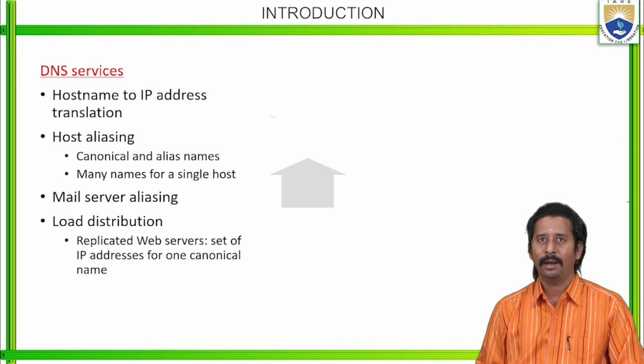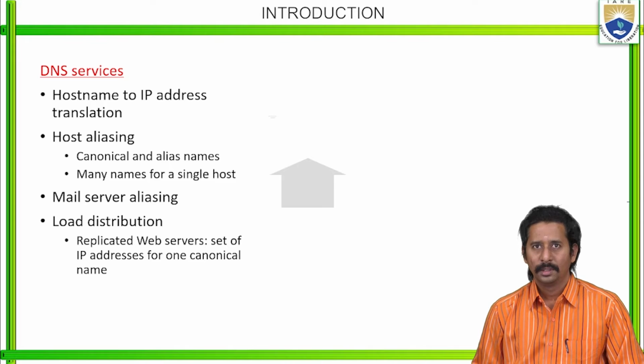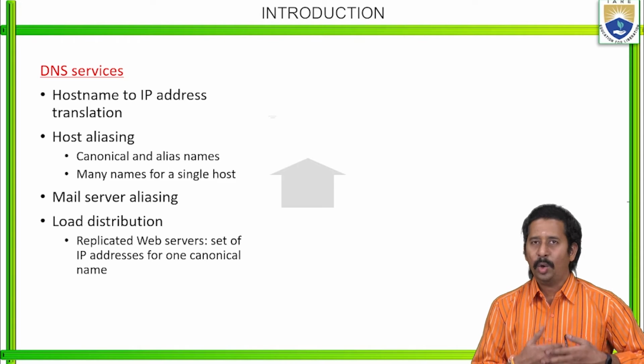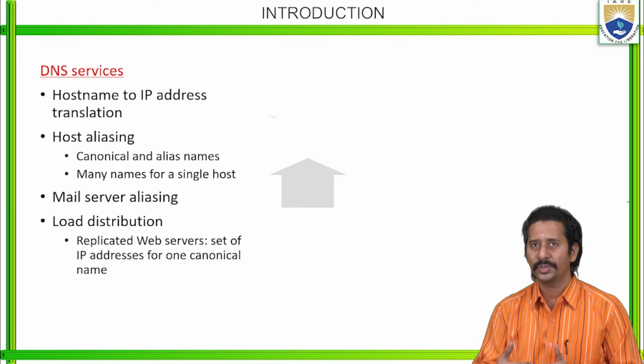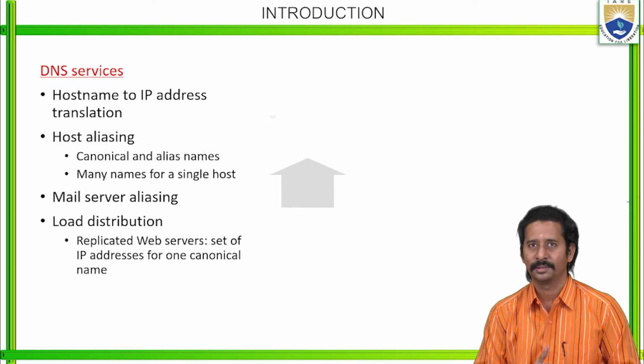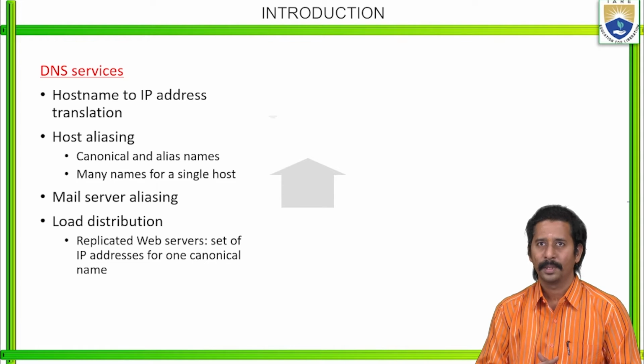Then coming to the DNS services. Hostname to IP address translation is the basic service of any DNS, that is, conversion of a hostname like iare.ac.in to an IP address.